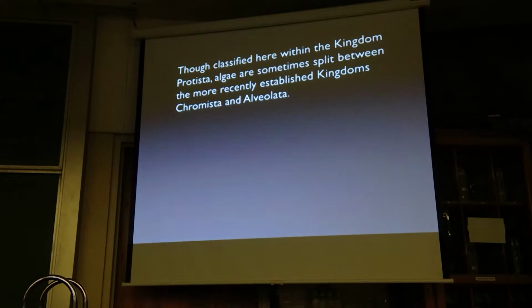Now, they used to be categorized in the kingdom Plantae, because they were plant-like, being green and oxygenic. But again, we're going to put them in the kingdom Protista. If you look in other books, you will see some algae categorized as Chromista and some categorized as Alveolata, and never mind. We're just going to go with simple.